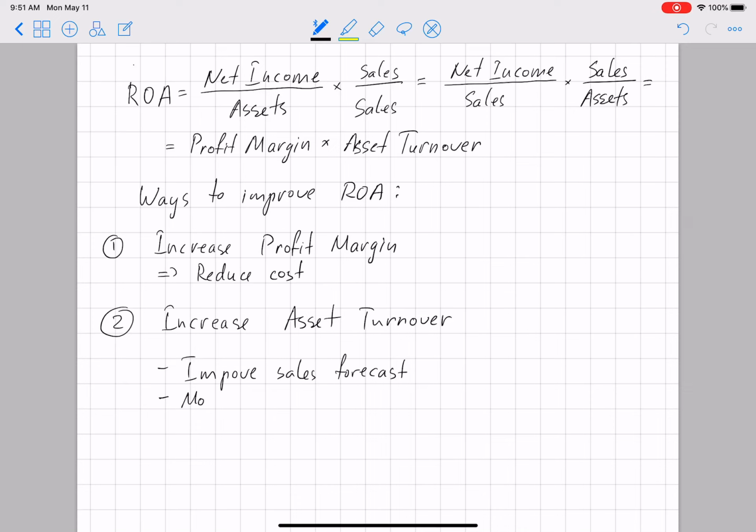So more efficient inventory management. Okay, so these two would result in inventory turnover going up.